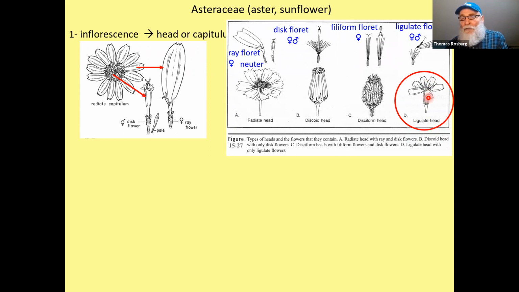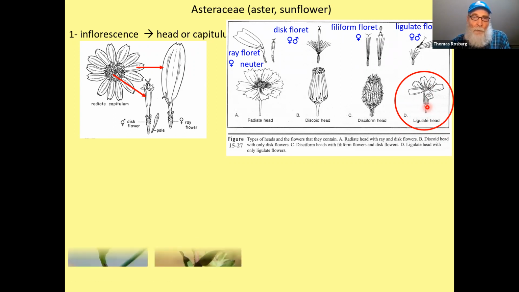All 5 petals that were originally present in this family, they're all fused together into this one structure called a ligule, and hence the name of it there. So that's an important part of what we'll be seeing and learning about in this group.